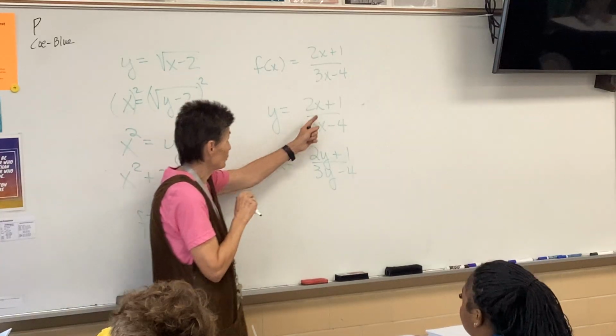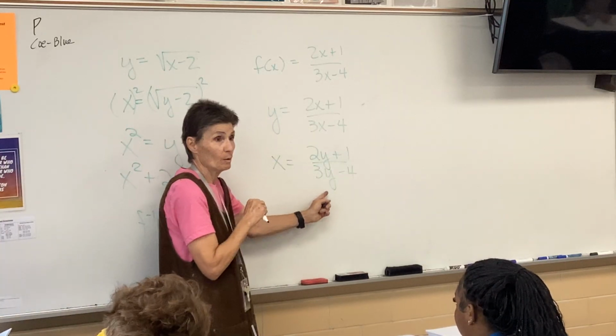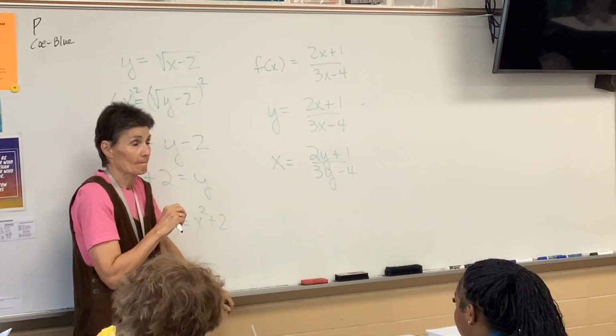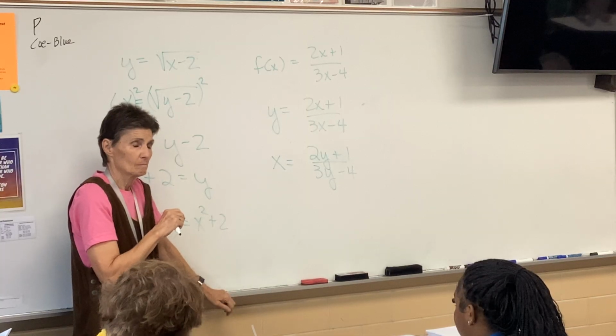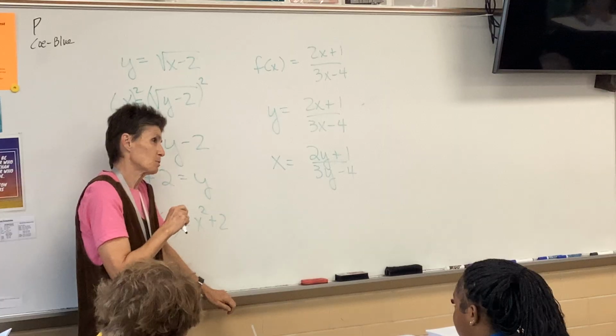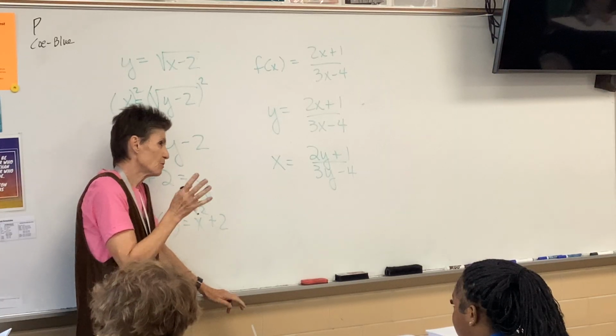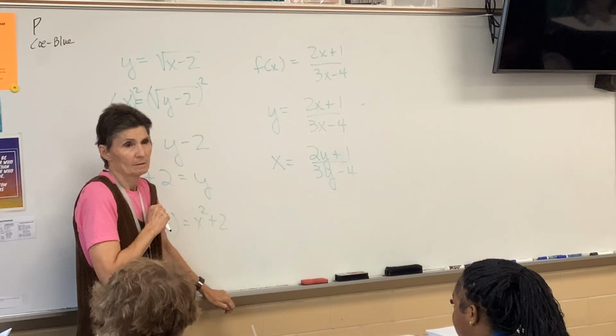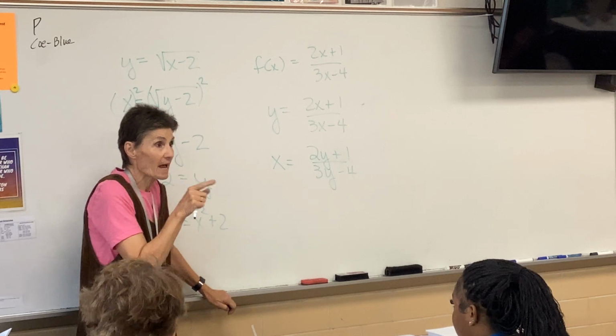So since there were two x's, now I've got two y's. Kind of hard. What do you think might be an option for me? What can you think of? Something to do? Multiply by 3y plus 4. Exactly.